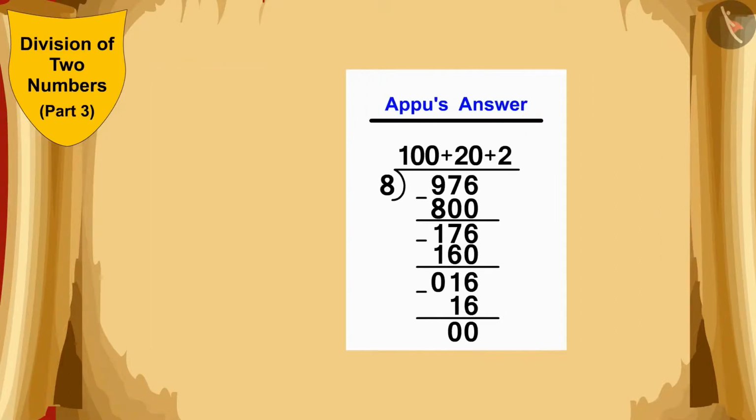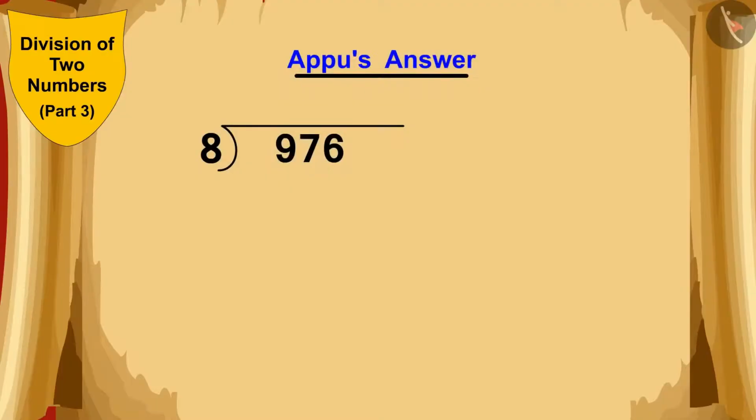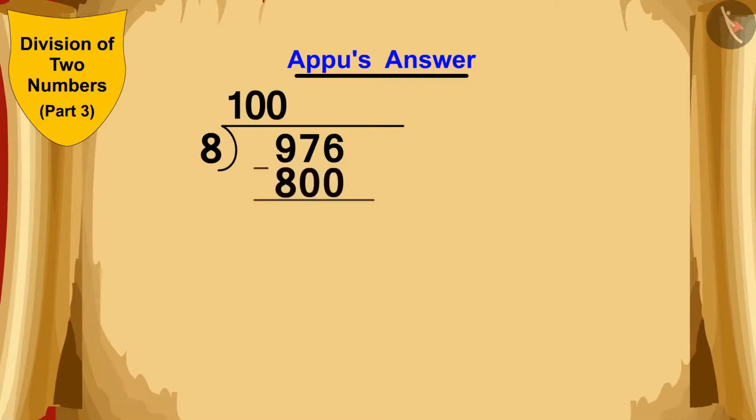First, we will see the division that Appu did. Appu first saw that 8 times 100 is 800. So he wrote 100 on the top. And from the 976 below, he subtracted 800 and wrote 176.